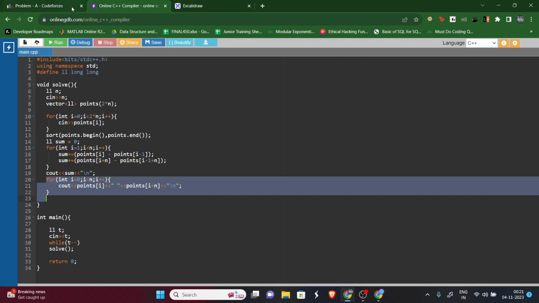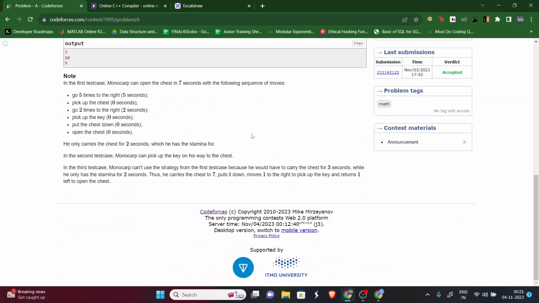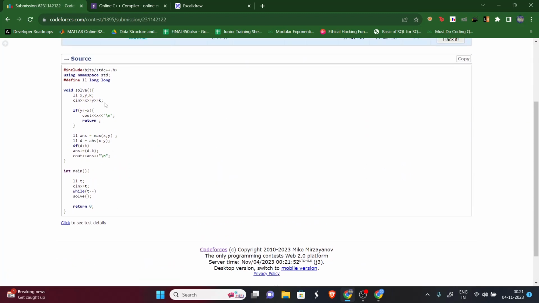I hope you have understood. I have submitted the same solution, I'll just show you. I have taken the input, and first of all, if the key is behind the chest, then we will simply return the chest position. Here I have taken the chest position as x. Or else we'll check if we can move it by d points.